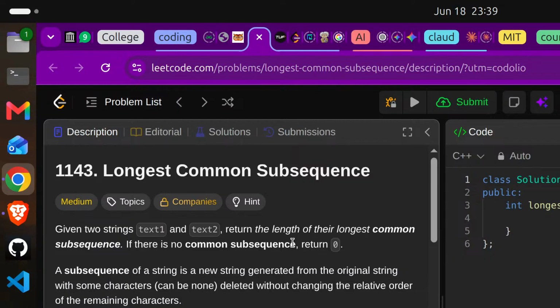Then we have this B and C here. They are different in this case. So if we start from here, do we have to return 0 from here? Return 0, yeah.